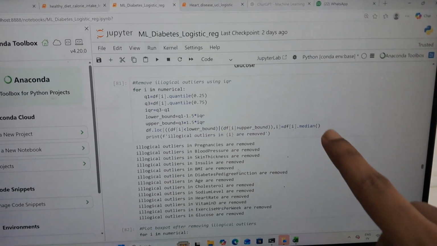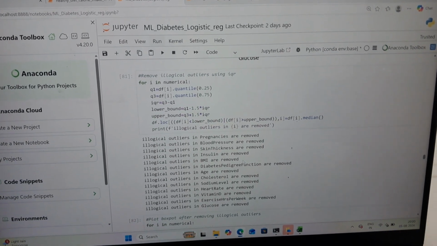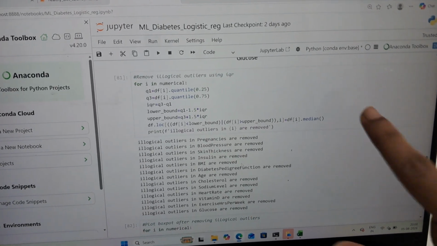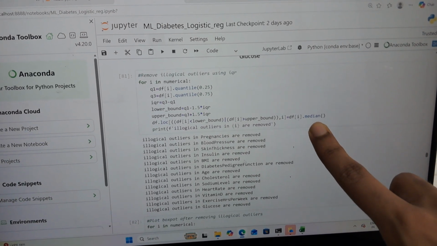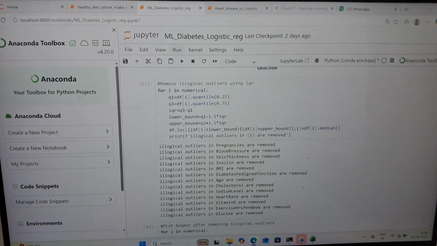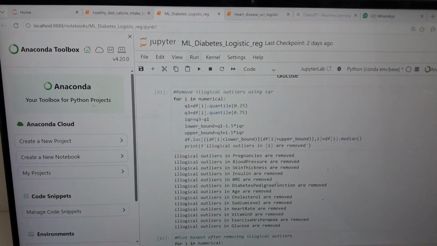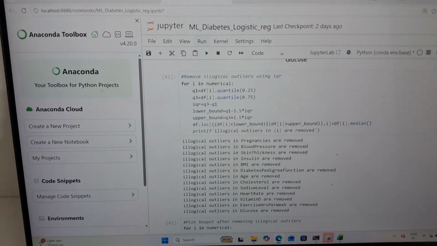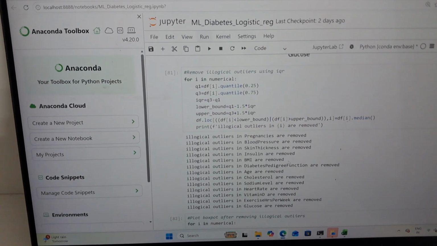What I'll do is I'll remove those illogical numbers, and removing means I'll replace them with the median. Removing means I'll consider those illogical numbers as missing values because they're incorrect. In missing values, what did I do?